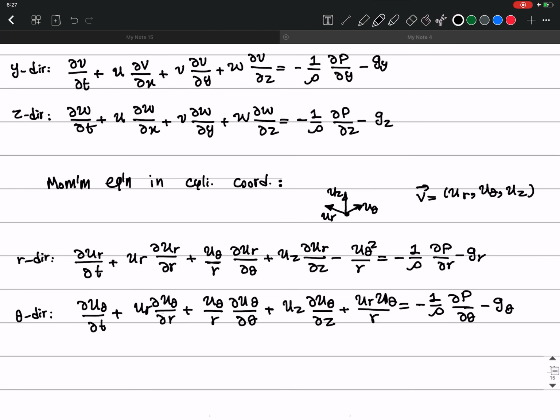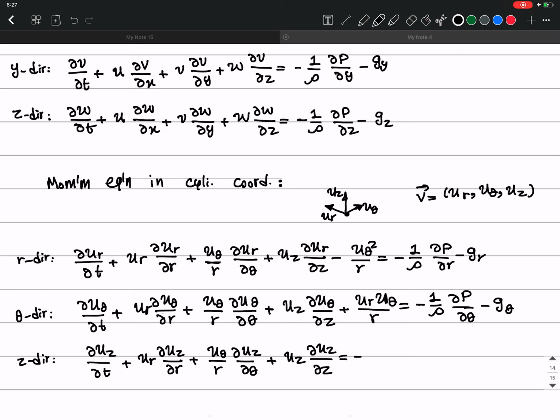And then in the z direction, we have partial uz over partial t plus ur partial uz over partial r plus u theta over r partial uz over partial theta plus uz partial uz over partial z equals to minus 1 over rho partial p over partial z minus gz.